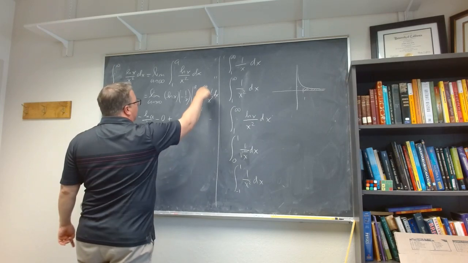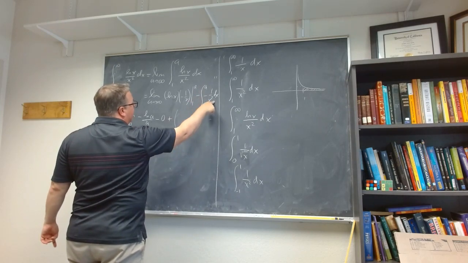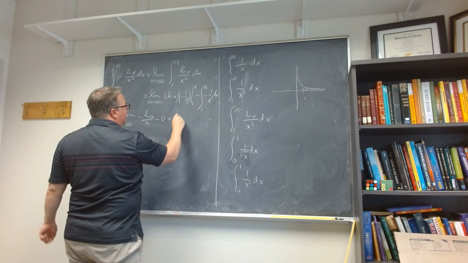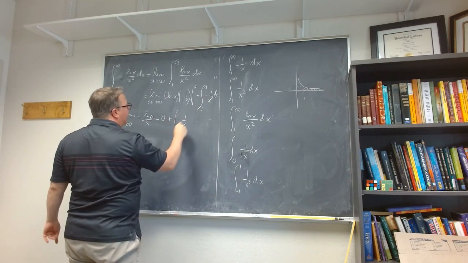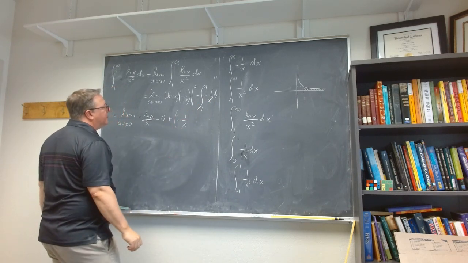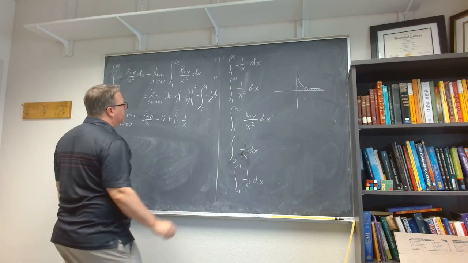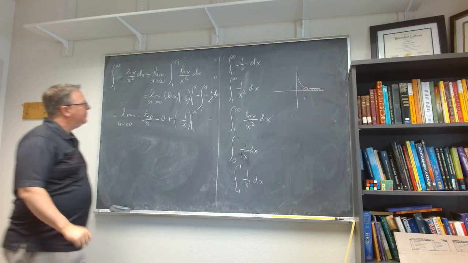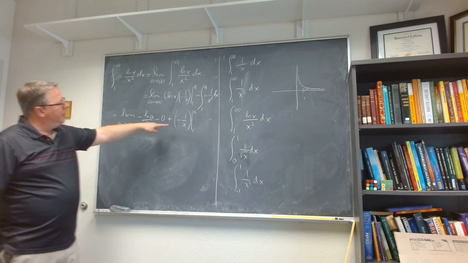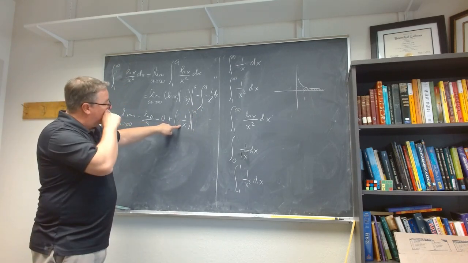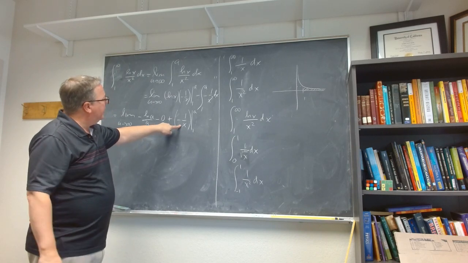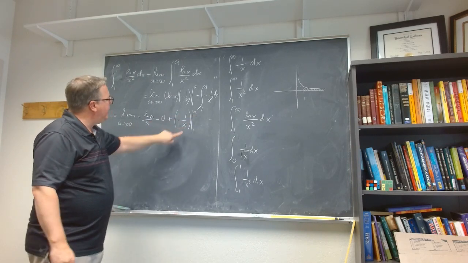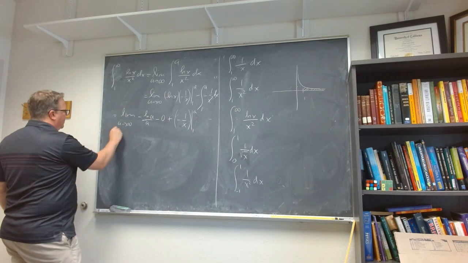The integral from 1 to a of 1 over x squared is negative 1 over x, and this is going to be evaluated from 1 to a. So this piece is not looking too bad. When I plug in a here, I'm going to get the following.